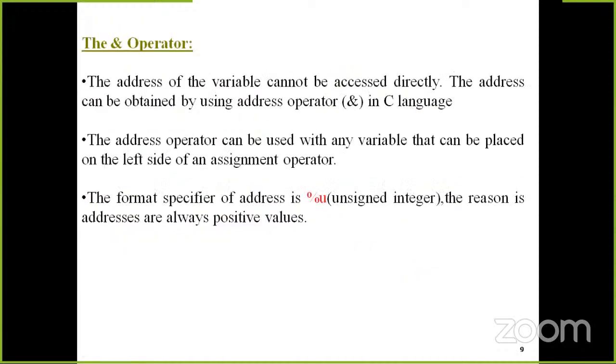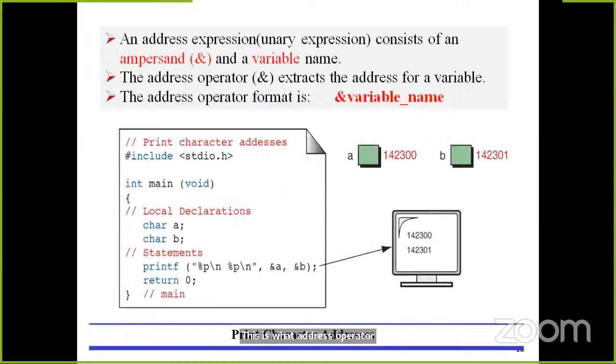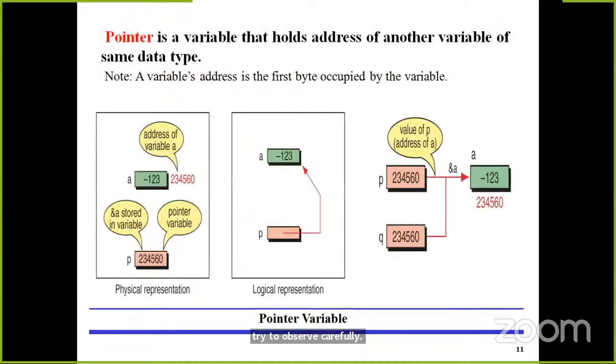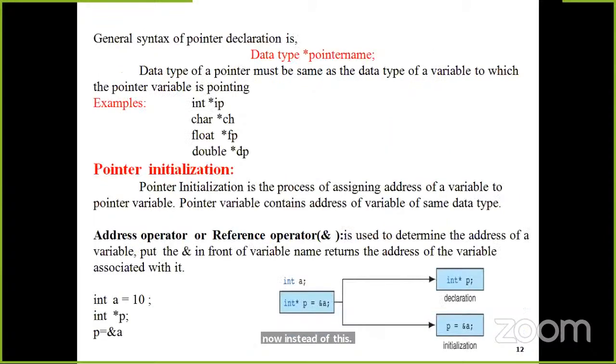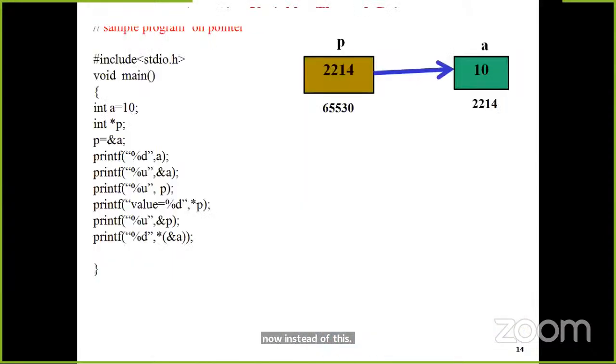This is the address operator, and next you try to see this. Try to observe carefully. Now, instead of this, I will be using this directly. Try to observe this program.